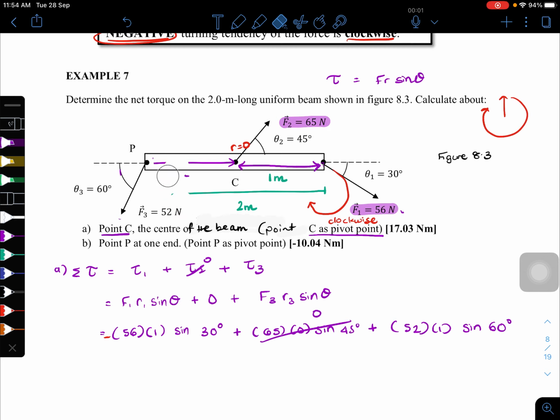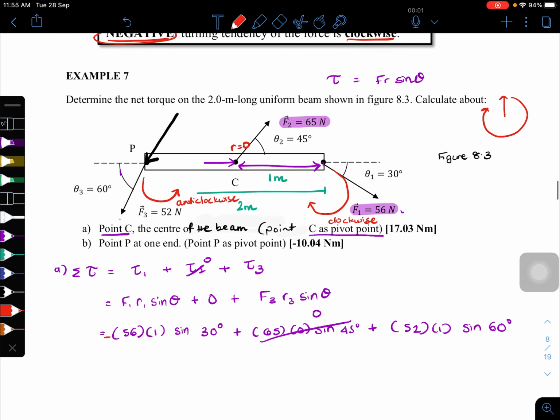Kalau kamu tengok, dia sebenarnya tolak macam ni. So beam kamu ni tendensi untuk jatuh ke bawah lah kan. Tapi kalau tak ada tanah kat bawah ni, dia akan berputar macam tu. Bayangkan this whole thing, dia berputar macam tu. So this one, dia punya tendensi adalah anti-clockwise.